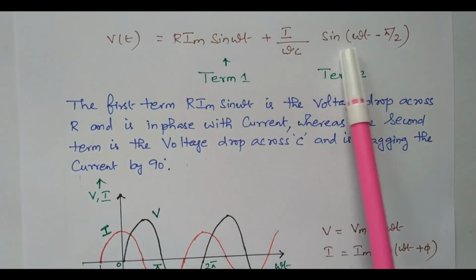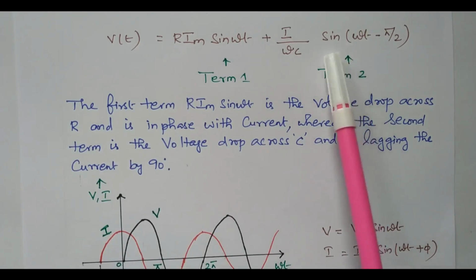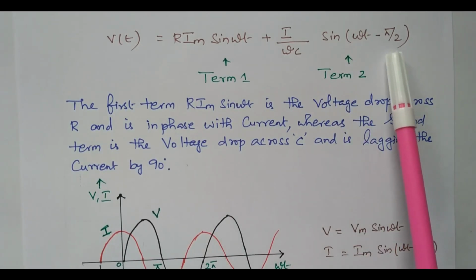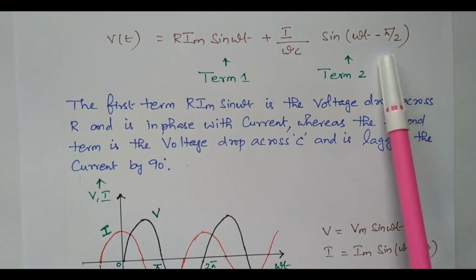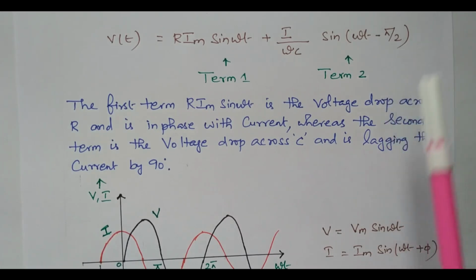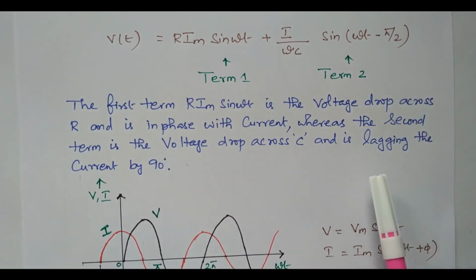The second term refers to the voltage drop across the capacitor. See here, minus pi by 2 is available. That is, current is leading or voltage is lagging the current by 90 degrees. So this voltage is lagging the current by 90 degrees. That's why in the phasor diagram the voltage drop across the capacitor is drawn downwards.